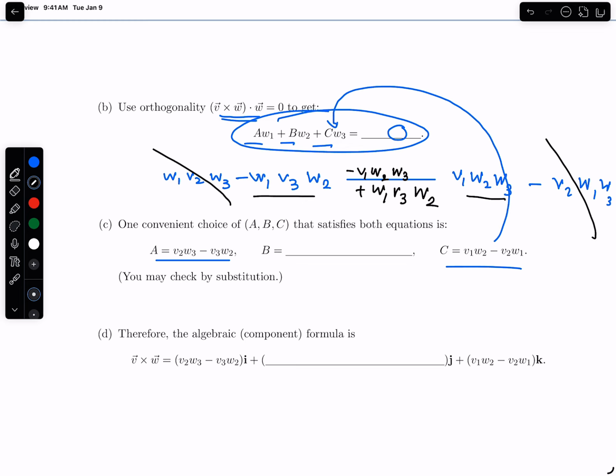So like to make this thing 0, we want these things, like this is positive, this is negative, they cancel each other, this is positive, this is negative, they cancel each other. So the definition of B should be W1 V3 W2 minus V1 W2 W3.